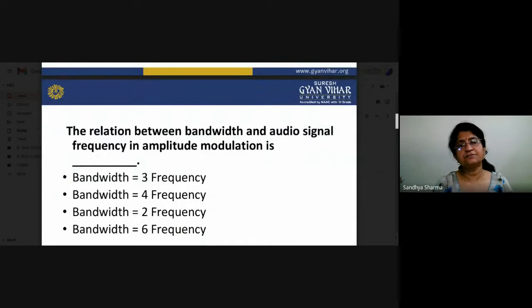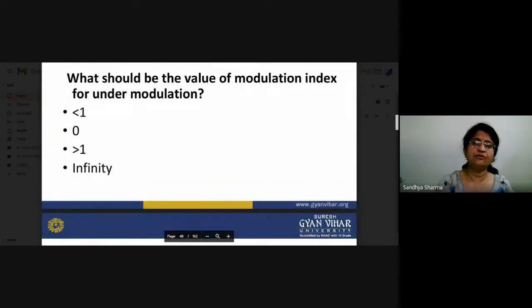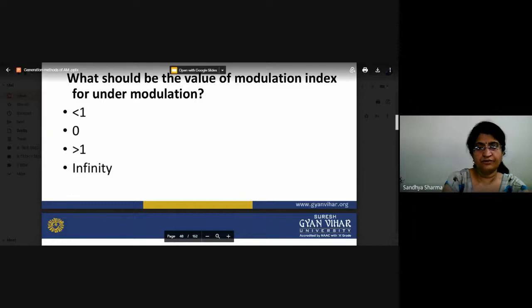What is the relationship between bandwidth and audio signal from the amplitude modulation point of view? You can define how much frequency should be in your bandwidth. What should be the value of the modulation index? There is a modulation index value for under modulation. Which is correct for defining under modulation?